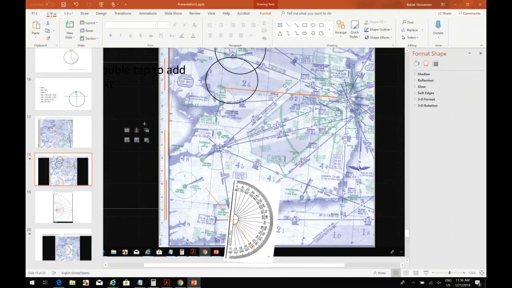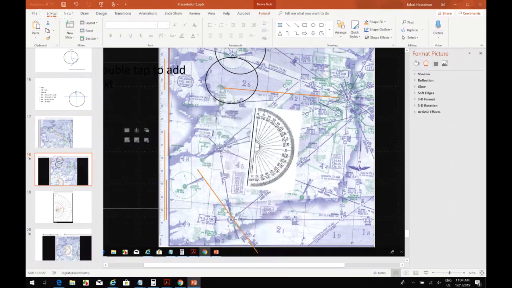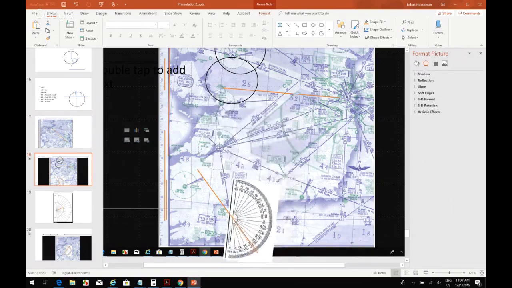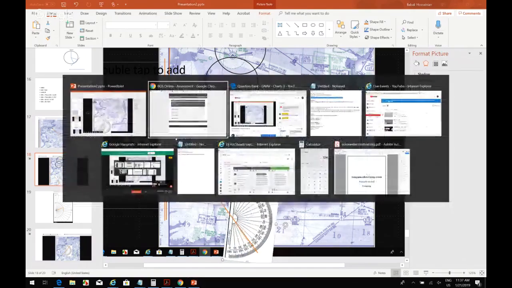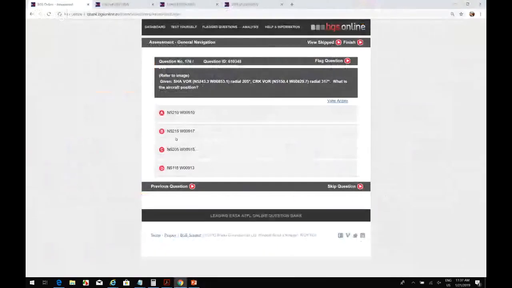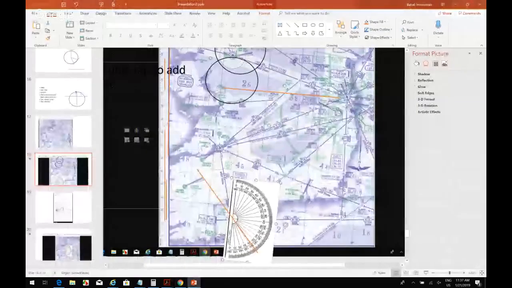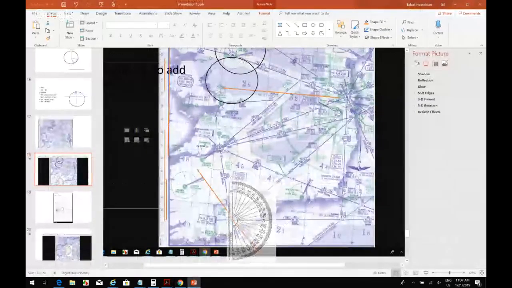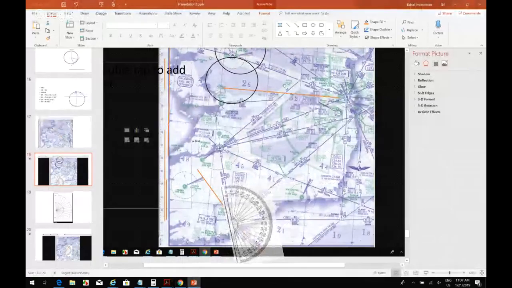Okay. And the other one is from Shannon on 205. Actually, I did the wrong angle. Do you want magnetic? Let's do magnetic. We do magnetic.